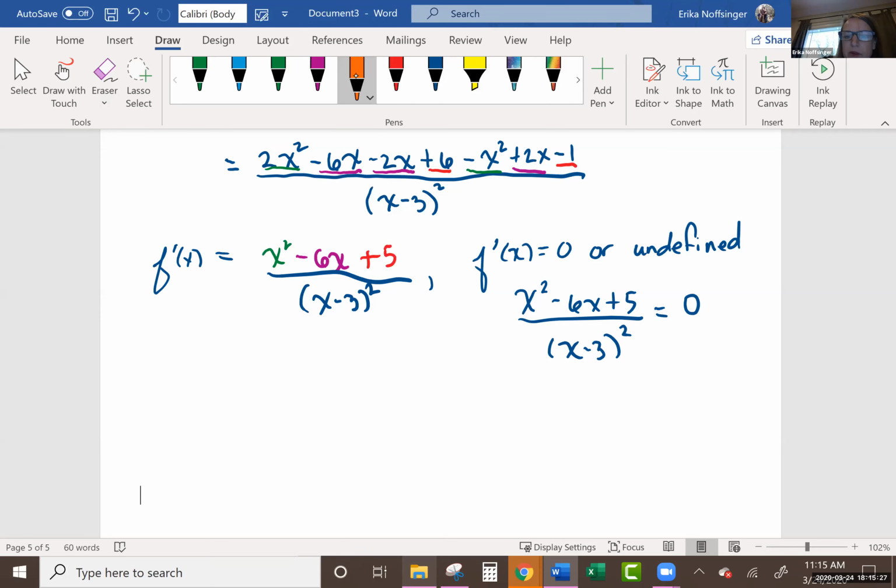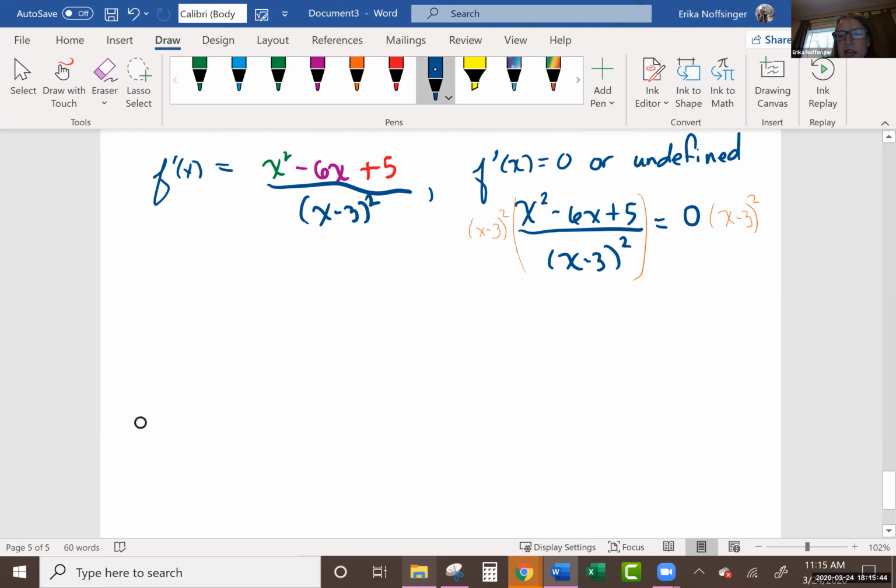If we look at multiplying both sides by x minus 3 quantity squared, because it's an equation, if I do something to one side of the equation, I got to do it to the other side. The whole point of that was so the fraction went away on the right-hand side of our equal sign.